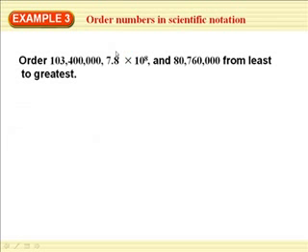Okay. Order from least to greatest. Well, this one, you know what? I'm going to go ahead and just do this one back out. 10 to the 7th, that's 1 and 7 zeros. 1, 2, 3, 4, 5, 6, 7, since all of them are in the other form. So this is 780 million, 80 million, 103 million. So this is the least right here.